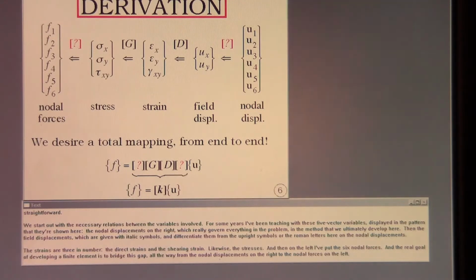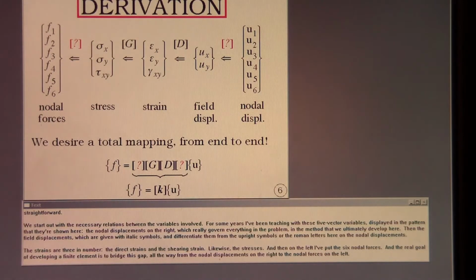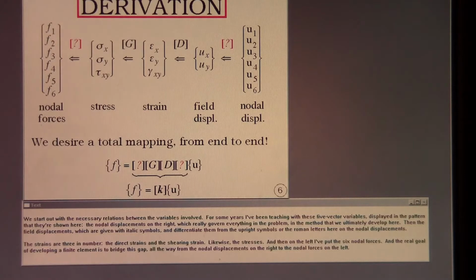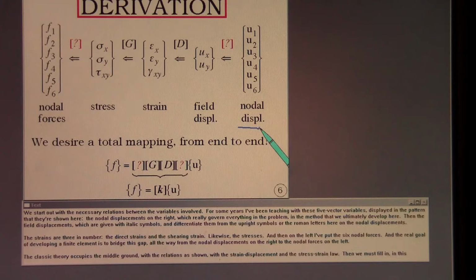We start out with the necessary relations between the variables involved. For some years I've been teaching with these 5 vector variables displayed in the pattern that they are shown here. The nodal displacements on the right, which really govern everything in the problem in the method that we ultimately develop here.